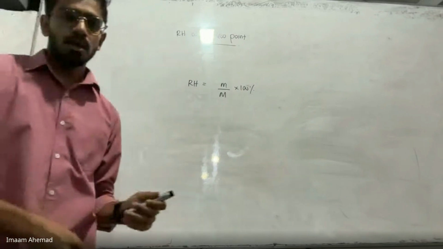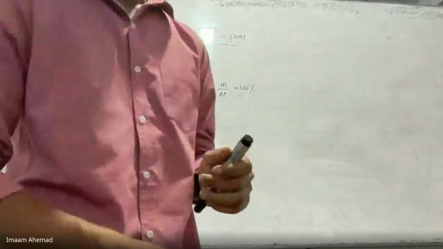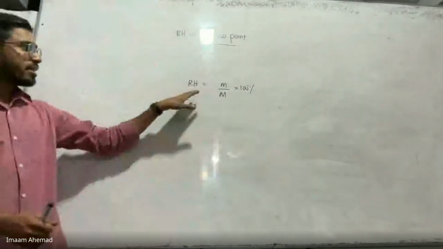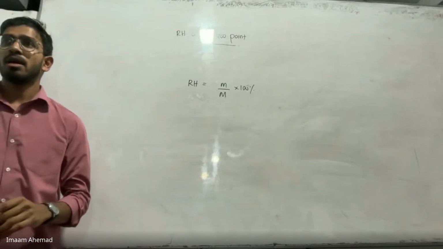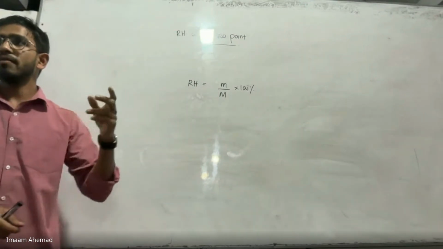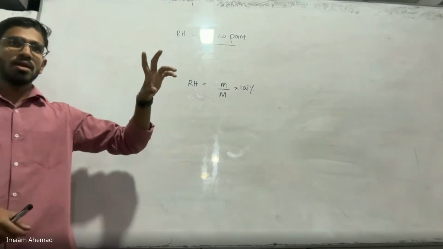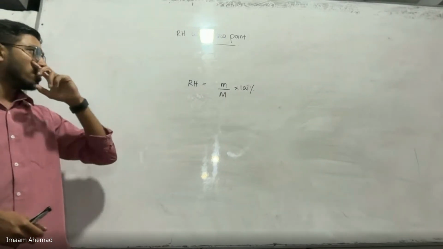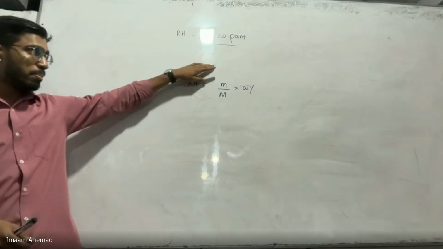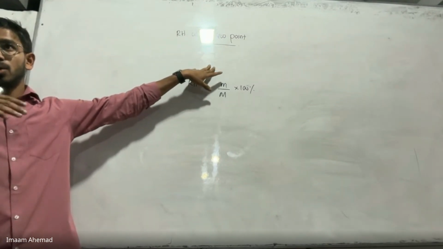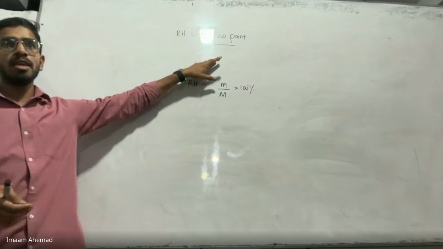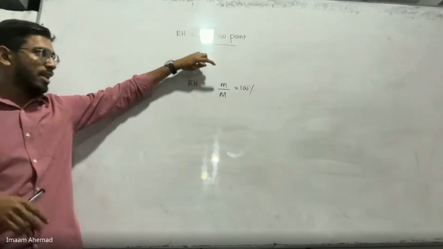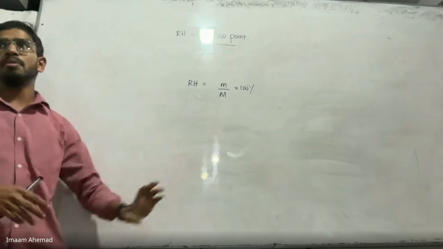We can get the same values using SVP as well. We can get it using pressure, the pressure at a given temperature over the SVP at that temperature, or we can get simple m and capital M using SVP.